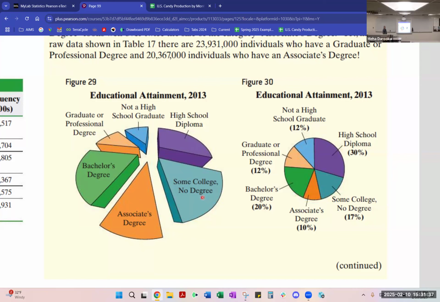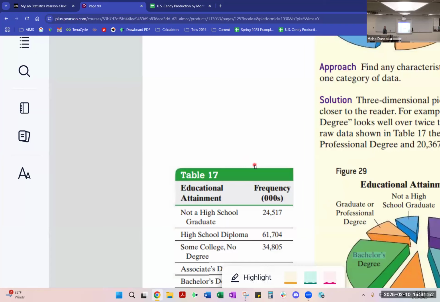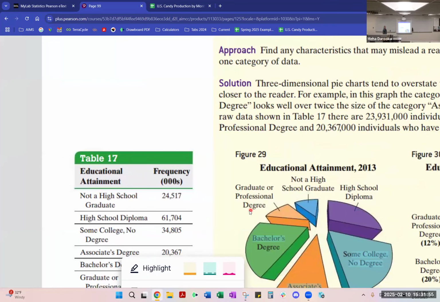And then you can see some college, but no degree is 17%. And in this one, the high school diploma is actually the highest percentage at 30%, but this wedge actually looks smaller than the 17% and even smaller than the 20% bachelor's degree over here.